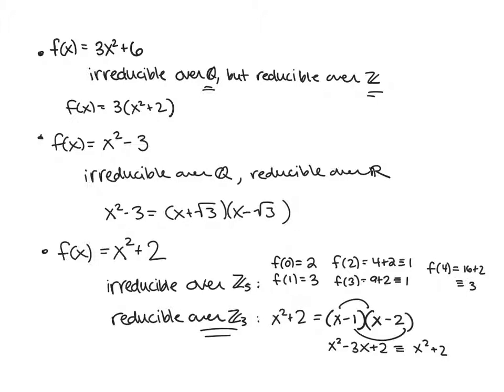So there's nothing you can plug in Z5 that gives you 0, so that means there's no linear factors. And if we start with a degree 2 polynomial and we factor it, it would have to factor into 2 linear factors. Either that, it would be a unit times a quadratic factor, which doesn't count. So because there's no root, there's no linear factor, and so there's no factorization. So that's how we can show it's irreducible over Z5, but reducible over Z3.